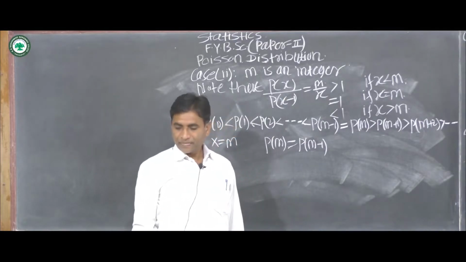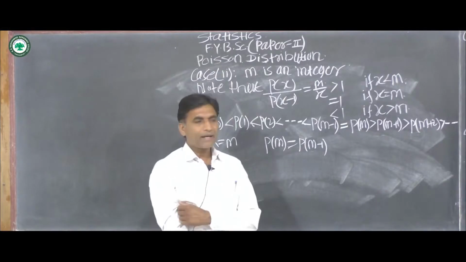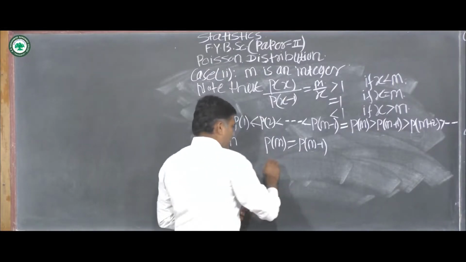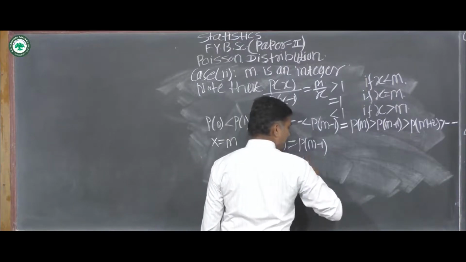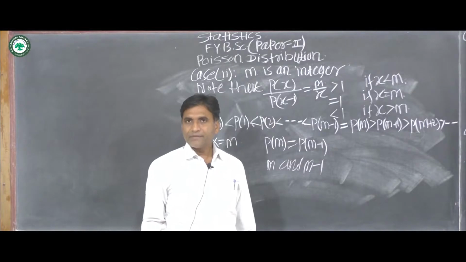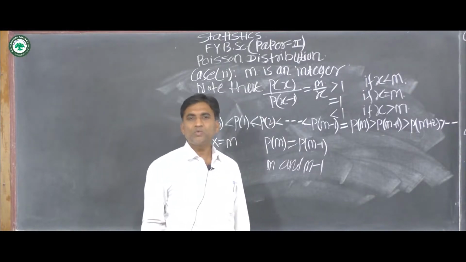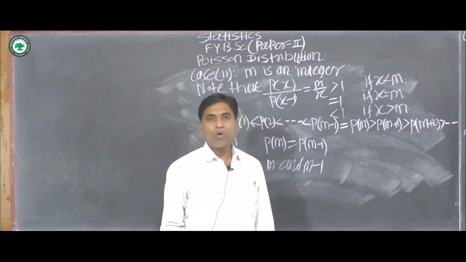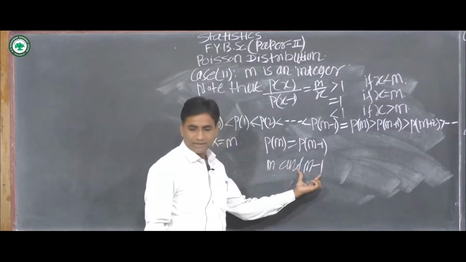Hence the PMF is maximum for values of x at m and m minus 1. Thus when m is an integer, there are two values of the mode, namely m and m minus 1.